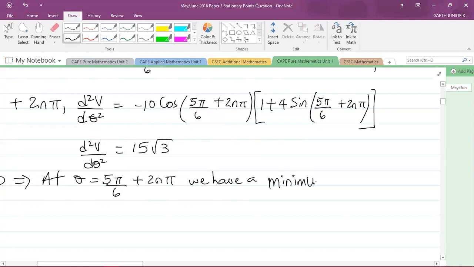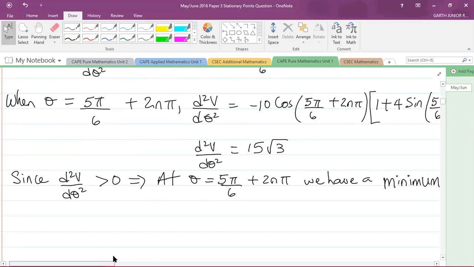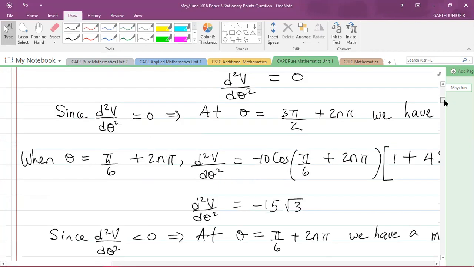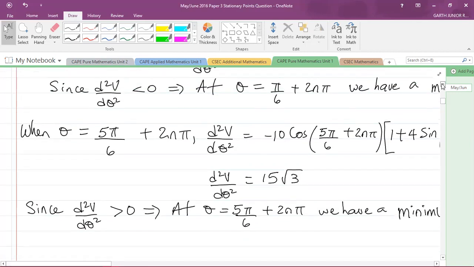All right, we have a minimum point. Okay, good, so that is my answer. Now I'm just going to pop up my mathematics software and show you that these are indeed true.